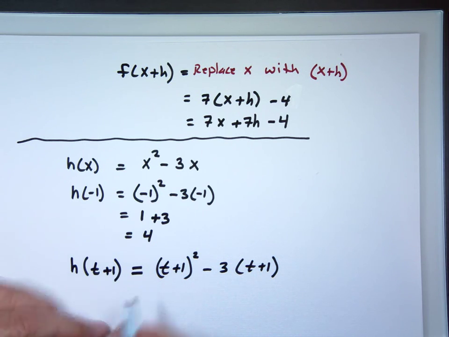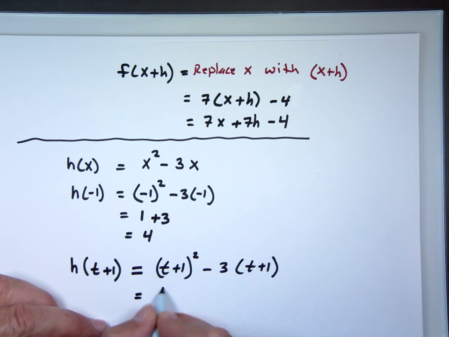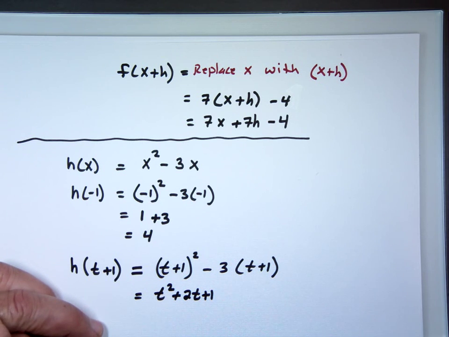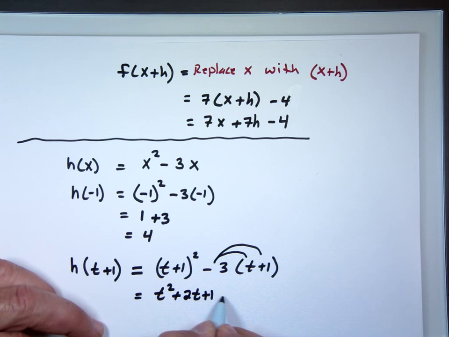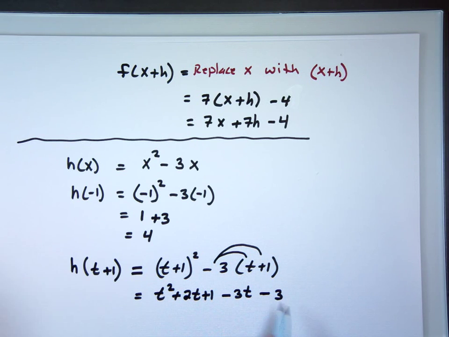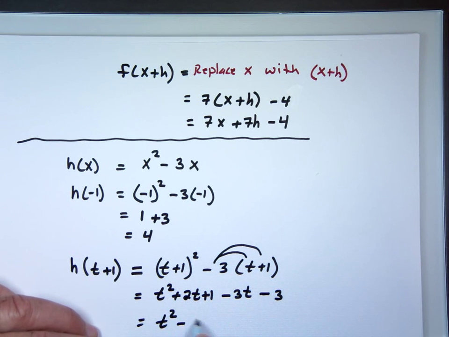And if I do that, that'll be what? t squared plus what? 2t plus the 1. Now let's distribute this. Minus 3 times t, minus 3 times 1. Negative 3t minus 3. So you have to FOIL it. It's not square the first and square the last. That's an addition. Now we collect like terms. We'll have what? t squared minus t minus the 2.